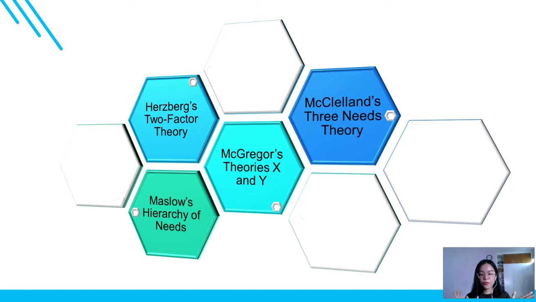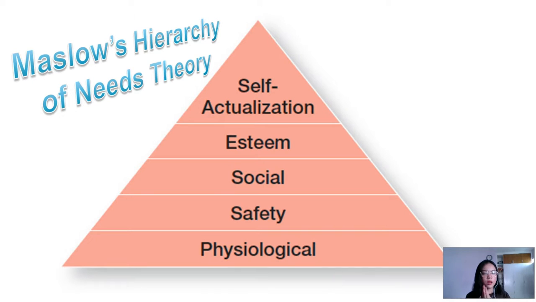To move on, we will begin by looking at these 4 early motivation theories. These early theories are important because they represent the foundation from which contemporary motivation theories were developed. The first one is Maslow's hierarchy of needs theory.